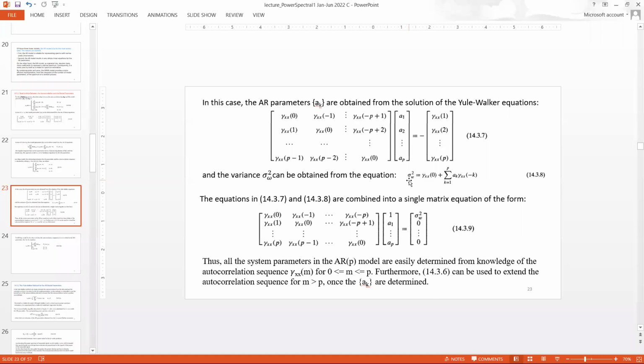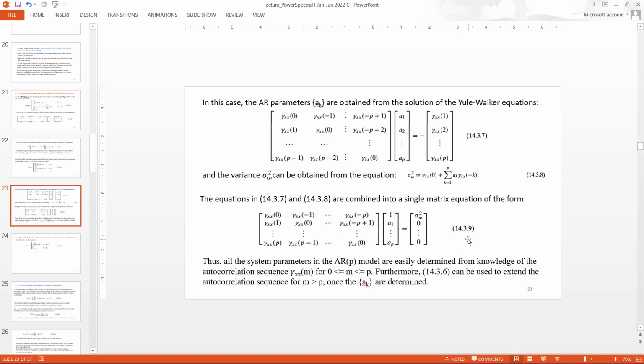Sigma omega square equals gamma xx(0), the initial point from which our counting starts onward. Then another factor, sigma square, is the variance, and from these two equations we can solve for the ak parameters. Then equations 7 and 8 can be combined and written in this form as equation 9.